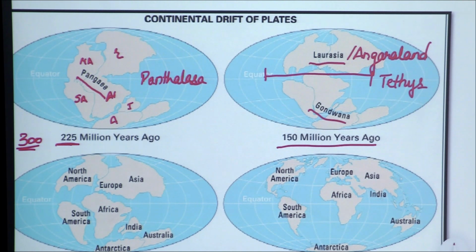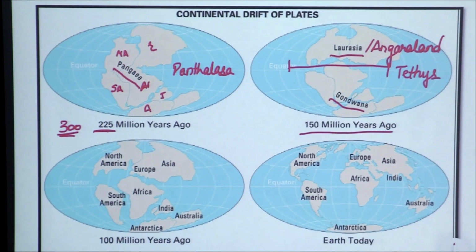And with the continuous disintegration thereafter, we jump to 100 million years of history, which is diagram number 3 here, and we can see that there is a clear demarcation of the more recognizable present type of map, in the sense that Southern Ocean, shading it here like this, development of Indian Ocean here, development of Atlantic Ocean here, and the closing down of Tethys Sea here, because Africa, India, Arabia all moved to buckle up with Asia like this.